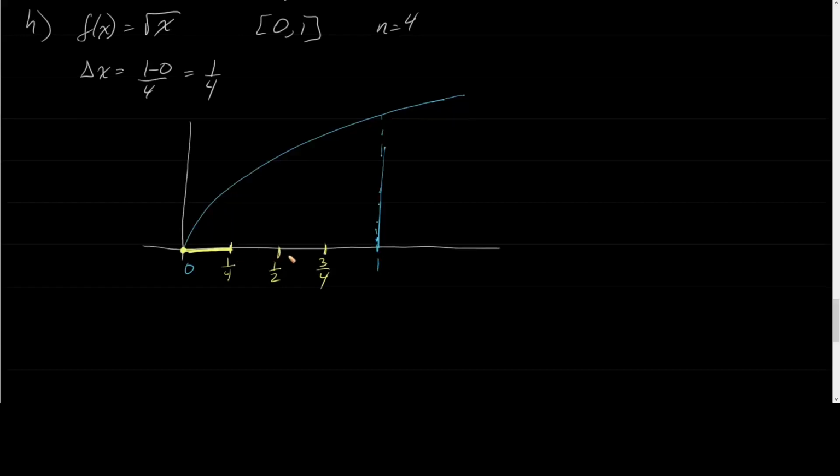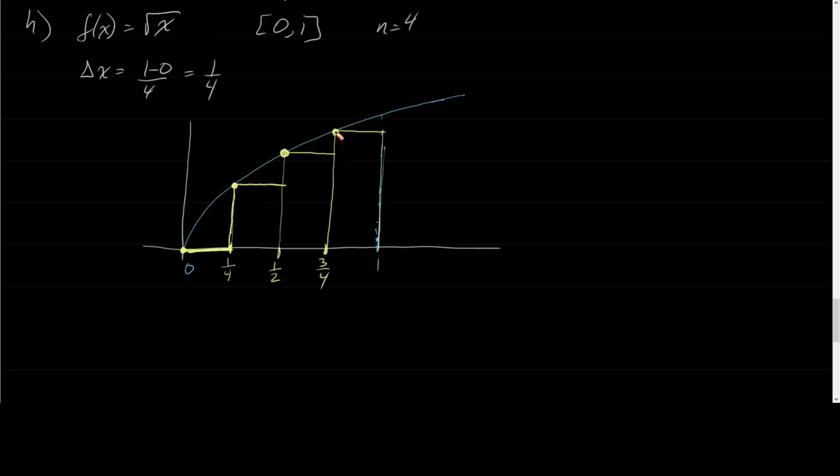In this next interval, from here to here, what is the smaller value? It's here, so this is the rectangle we're going to add. In the next interval, the smaller value is the one on the left side, so this is the rectangle, and we're concerned with this value. And in this last one, this is the rectangle.